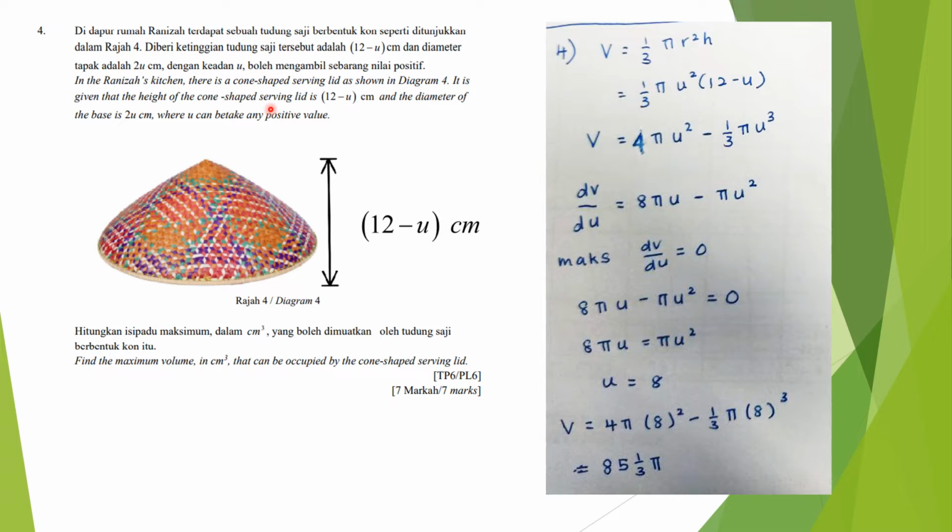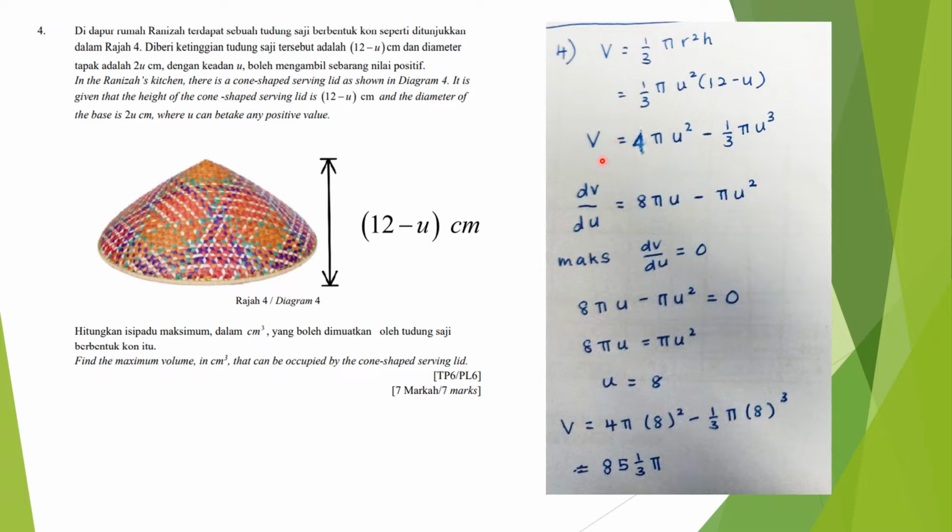And you know that the diameter is 2u. If the diameter is 2u, what will be the radius? Diameter divided by 2. That means 2u divided by 2 is u. So the radius is u. So r square, we substitute with u square. H is already given, that is 12 minus u.